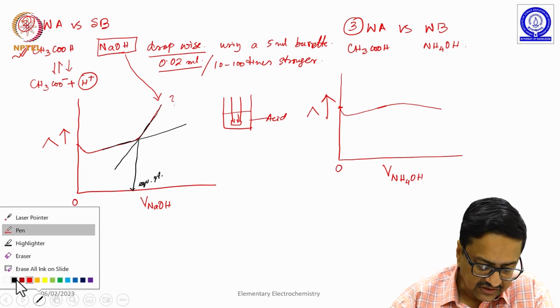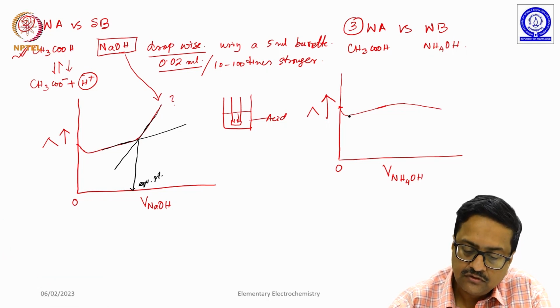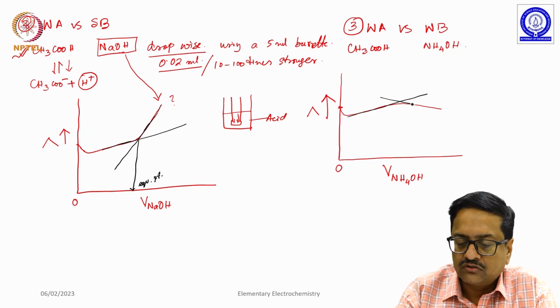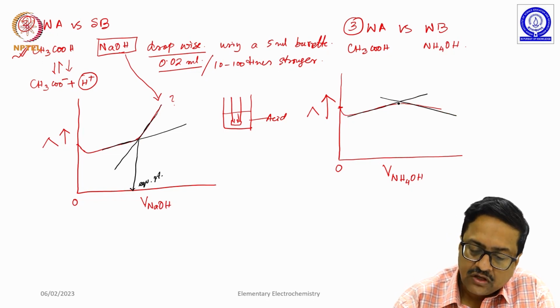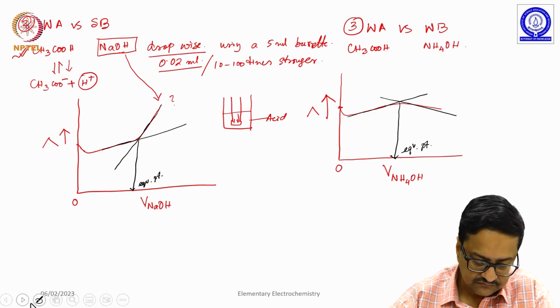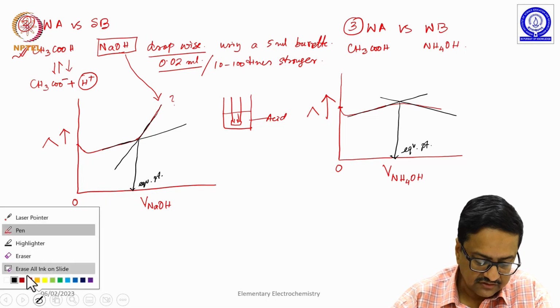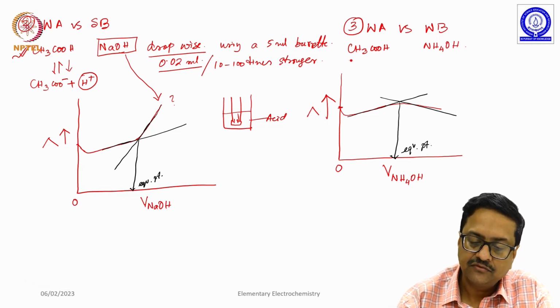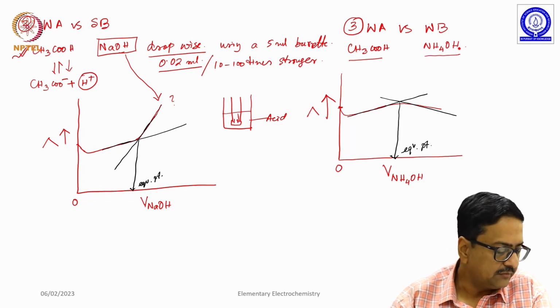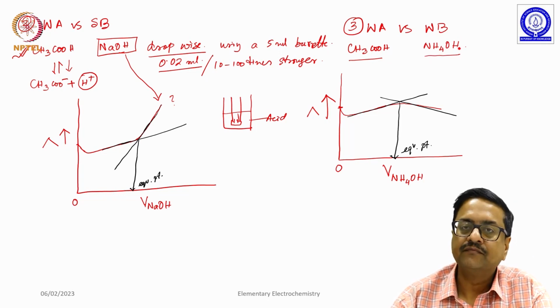So what is happening here is now we need to draw a tangent here, we need to draw another tangent there. Wherever the two tangents meet, that will be your equivalence point of this particular titration of weak acid versus weak base. Is that clear?